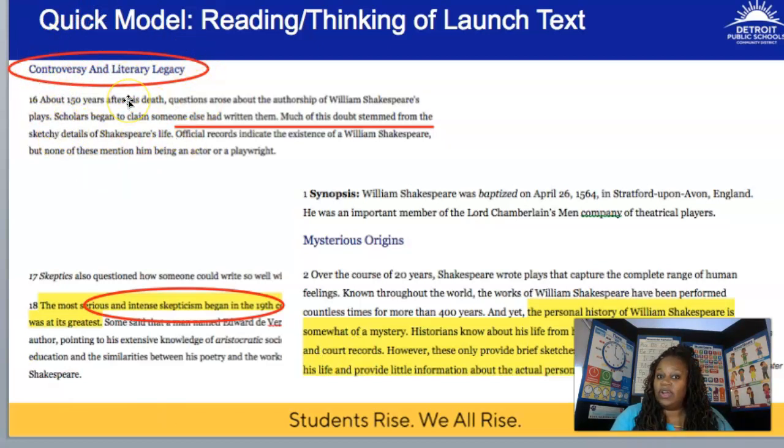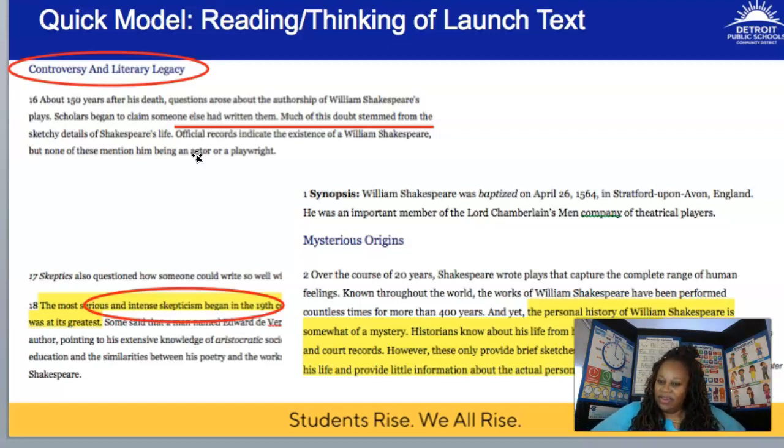controversy and literary legacy. When you go to that section around paragraph 16, you will note information like this. Scholars began to claim someone else had written them. Much of this doubt stems from the sketchy details of Shakespeare's life.